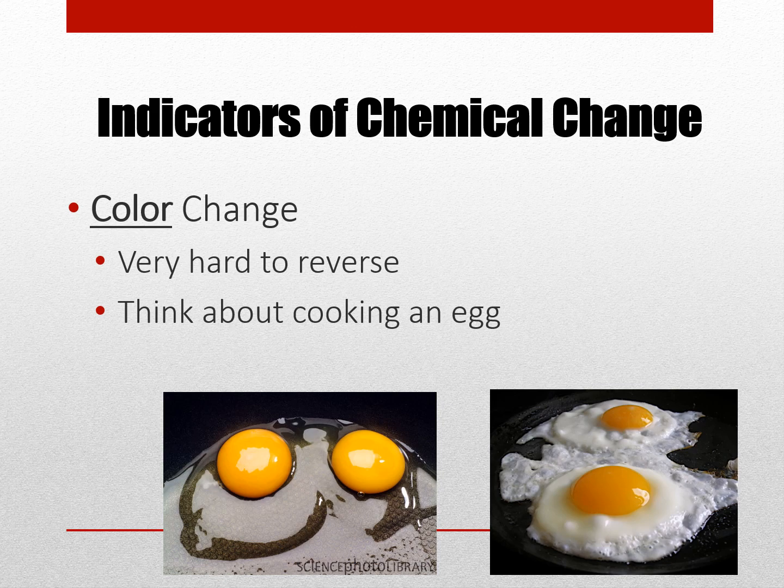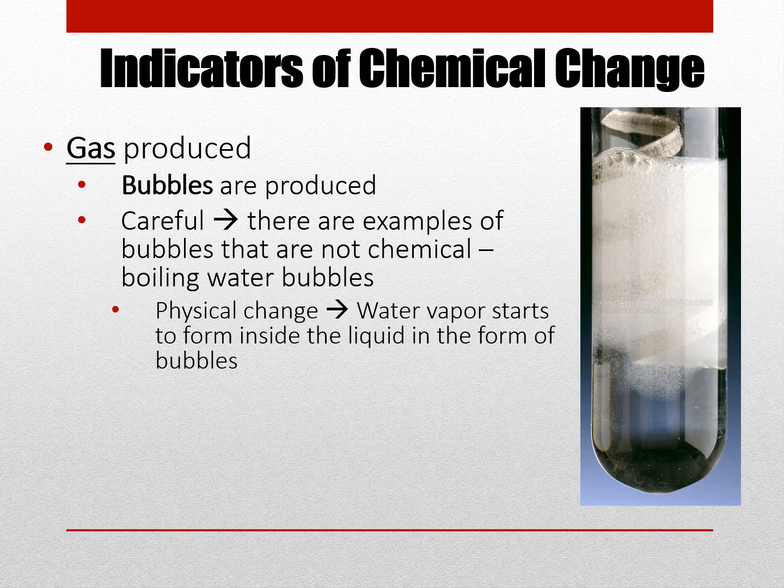All right, let's talk about that color change. As soon as you see a color change, such as cooking an egg, where you go from clear to white, that would be an example of a chemical change. Sometimes you'll go from yellow to clear, or you'll go from yellow to a white substance. That is a sign of a chemical change. Gas production. What I want you to understand is that bubbles are being produced, and that's the gas being produced, or you'll notice a new odor.